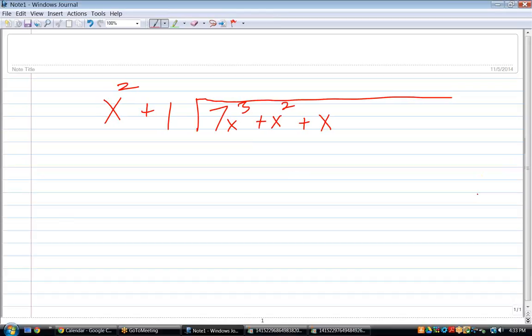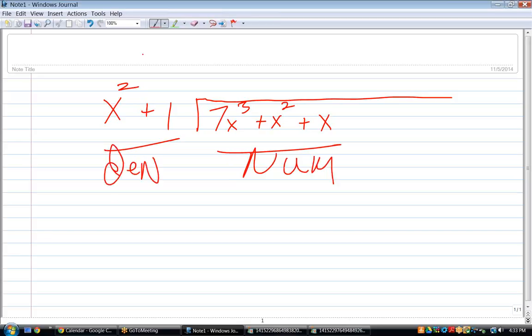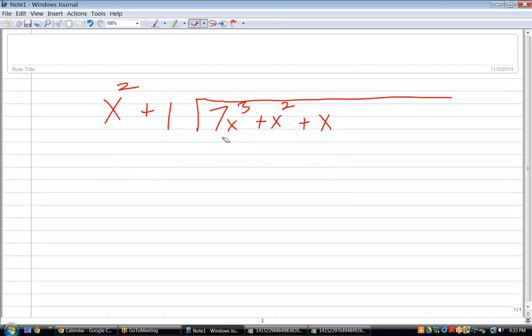You know how we have to put dummy variables in? If we call this the divisor and this the dividend, or the numerator and the denominator, well, if we're missing a power of x, we have to put in a dummy variable, right?